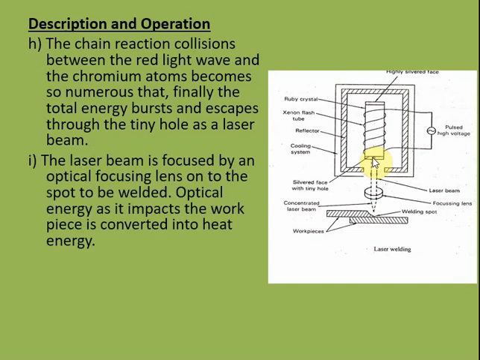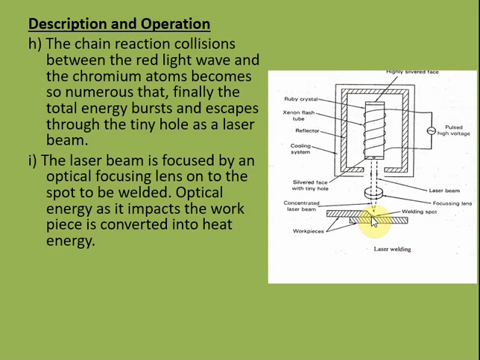Now, the emerged light is focused using an optical focusing lens to the required spot. So the spot will be very narrow, and at this very narrow point the entire energy is going to get focused.